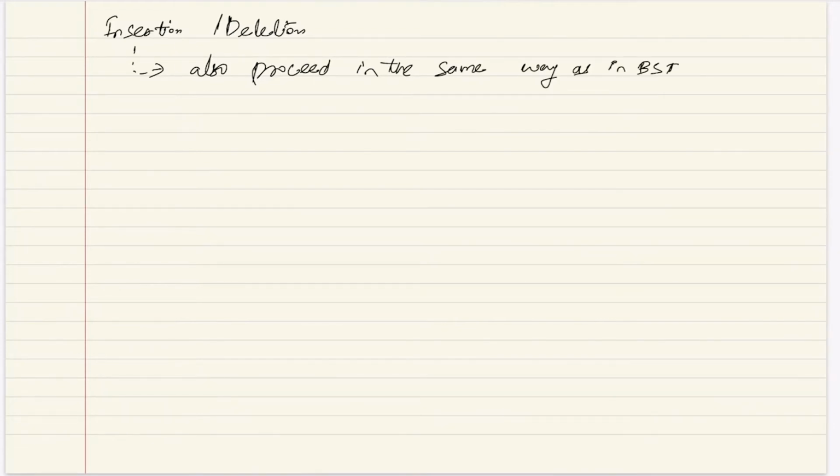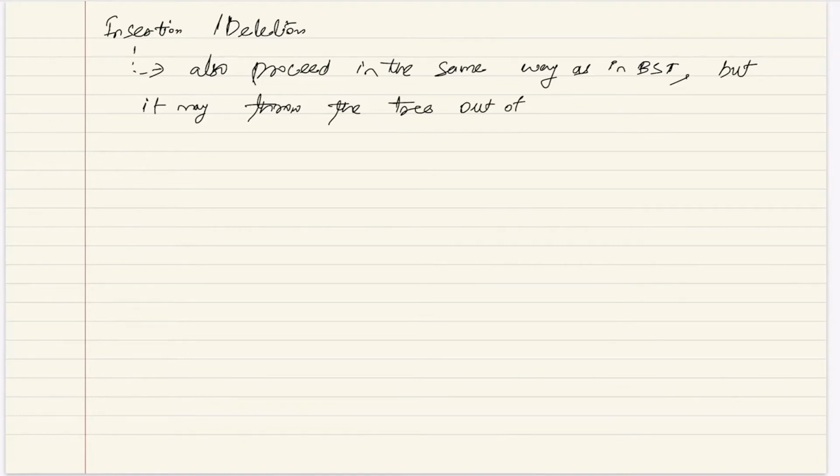So you follow the same sort of pseudocode for doing insertion or deletion, but the only problem is that it may throw the tree out of balance.